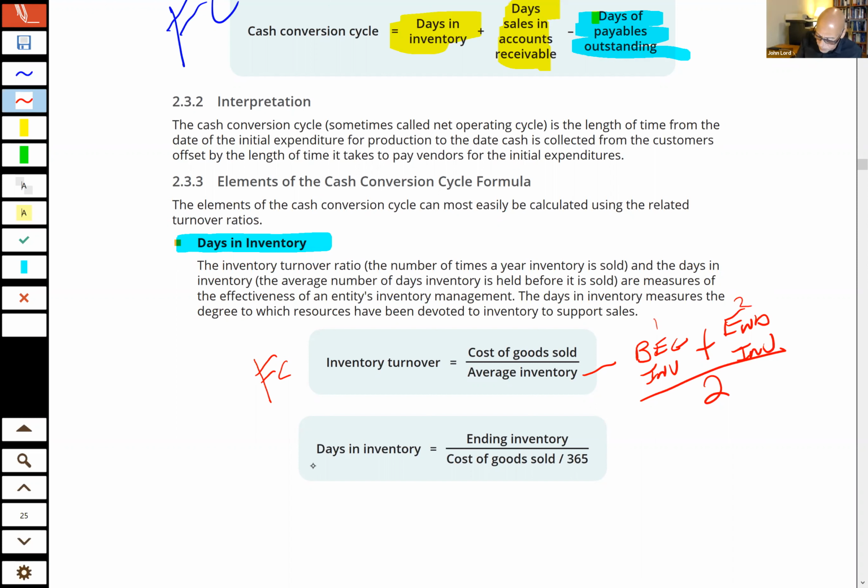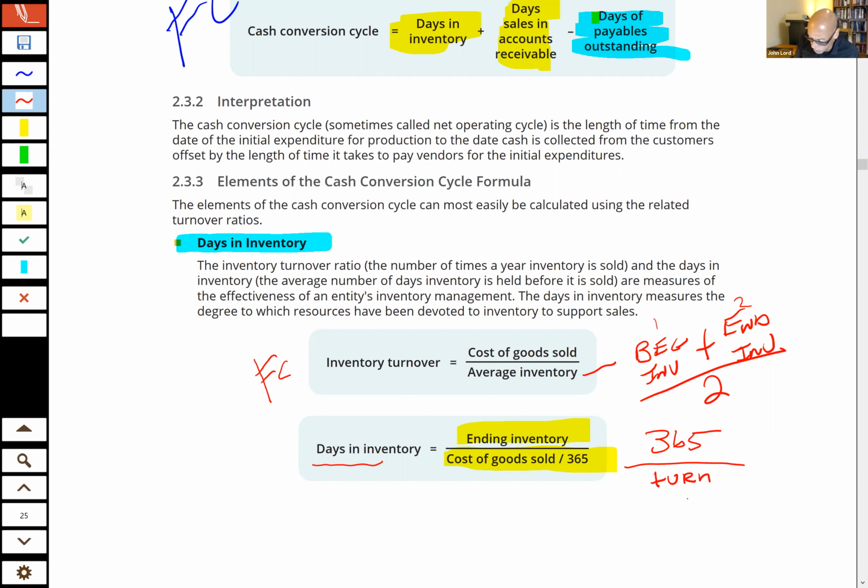Now, days in inventory says that you will take the ending inventory and you will divide that by the cost of goods sold divided by the 365 days in a year. This is just me, guys. I like to take the 365 days in a year, and it just is a little more meaningful to me if I then divide that by the turnover.